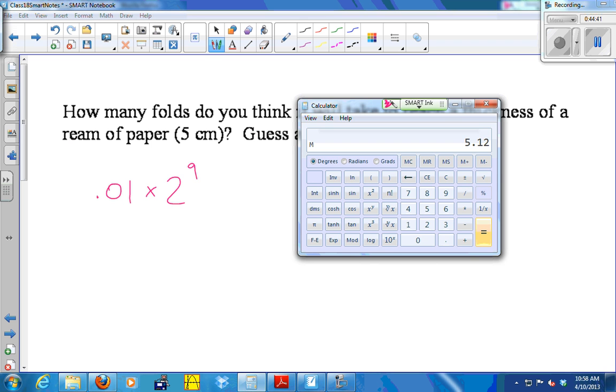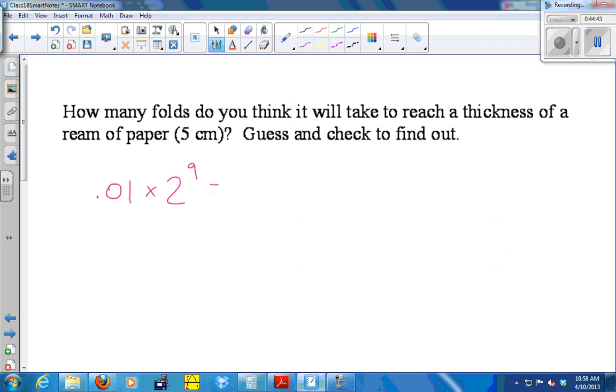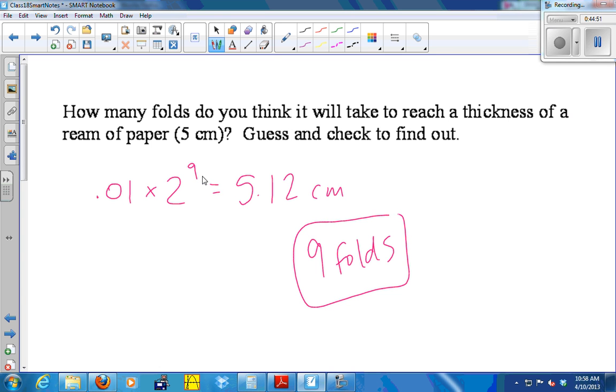It's a little bit more, but that's good. So about 9 times. So 9 folds will get me a little bit bigger than a ream. Just 9 folds gets me that thick. Whole ream of paper.